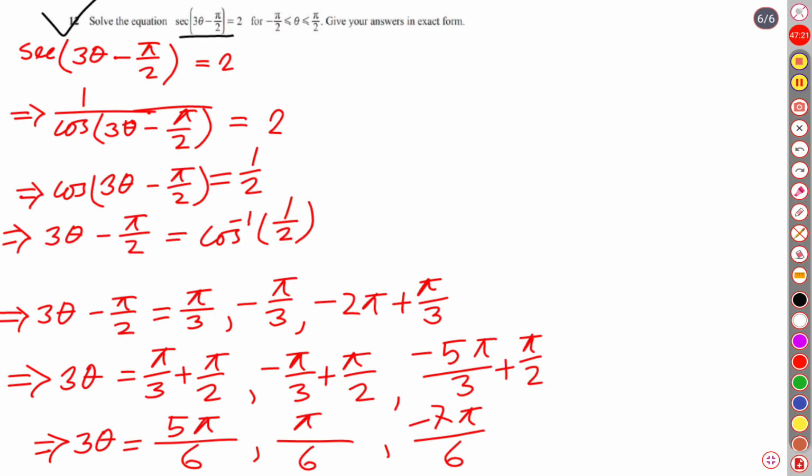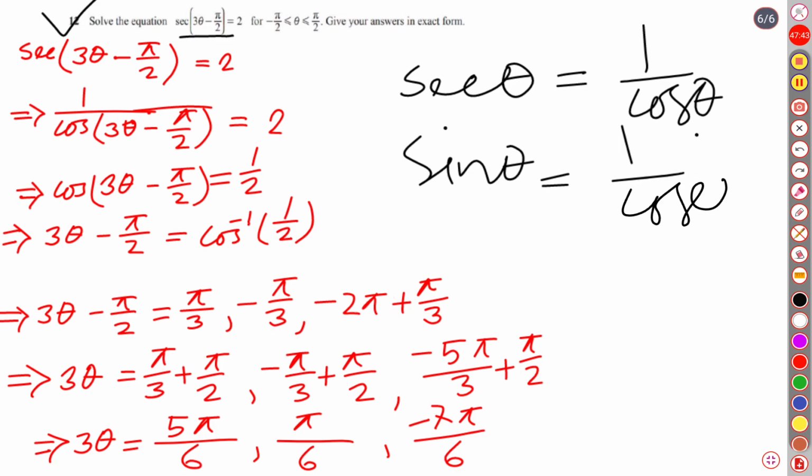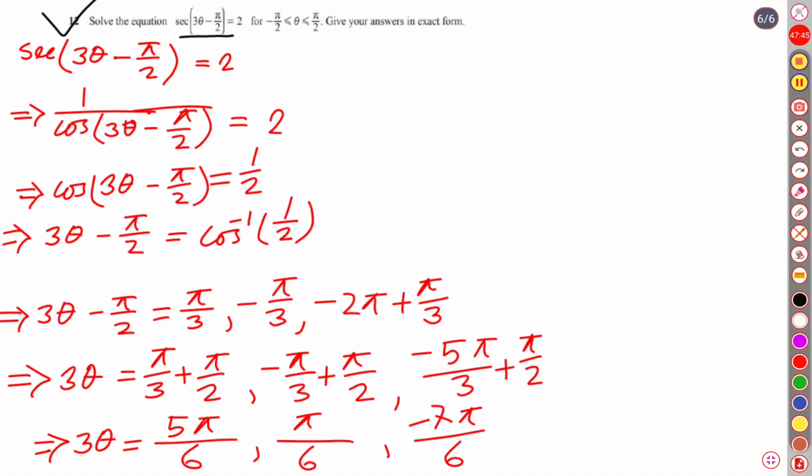Then we know sec θ and cos θ are reciprocal to each other. Sec is inverse to cos, and sine θ is inverse to cosec. That's why, instead of sec we have written 1 over cos.